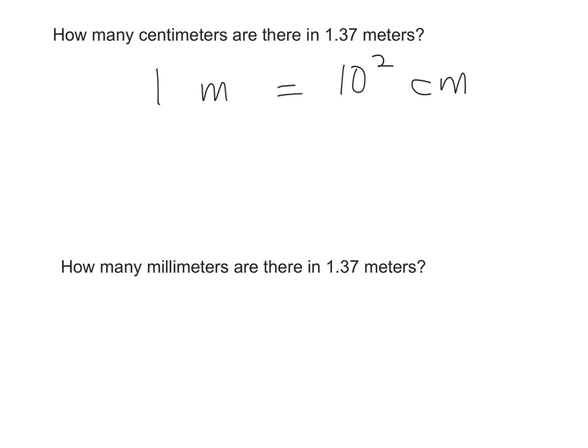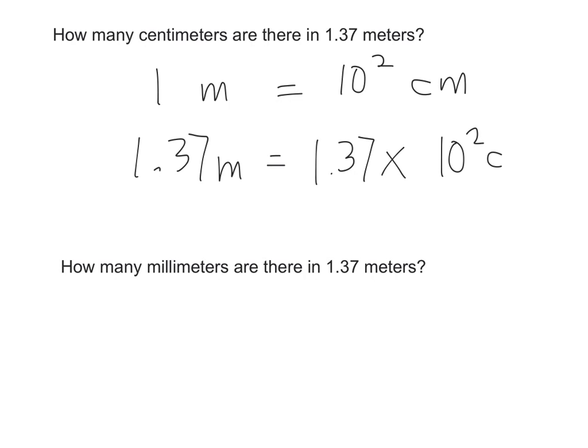Good. Now, if I have instead 1.37 meters, is that also equal to 10 to the power of 2 centimeters? No, it's equal to 1.37 times 10 to the power of 2 centimeters, right? Okay, do we know how to multiply by 10 to the power of 2?